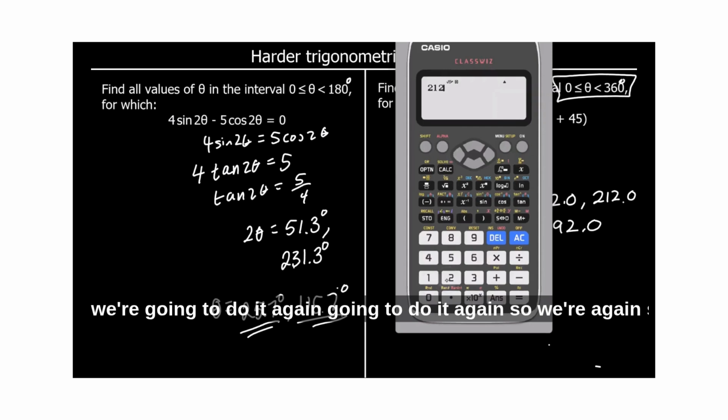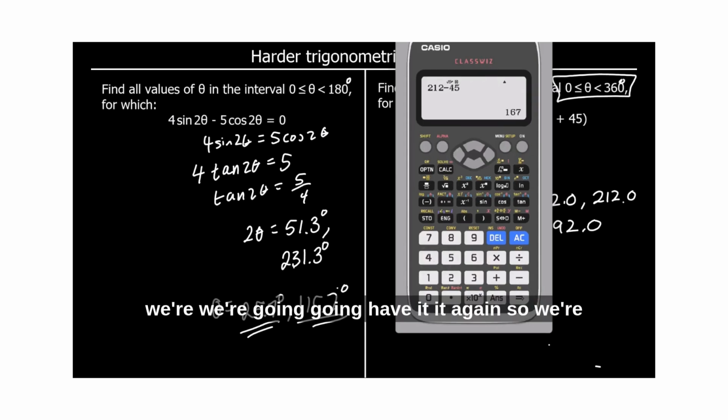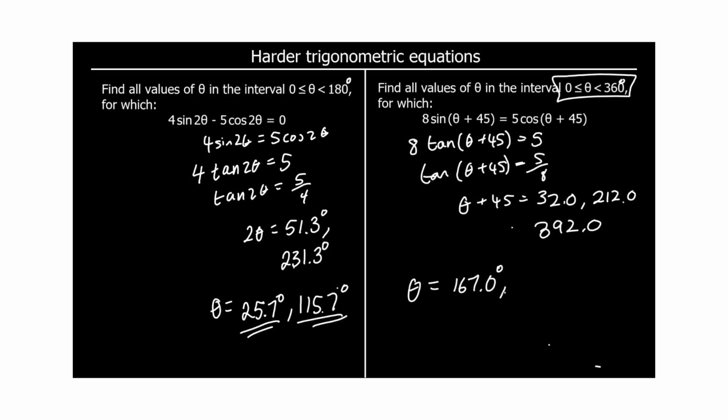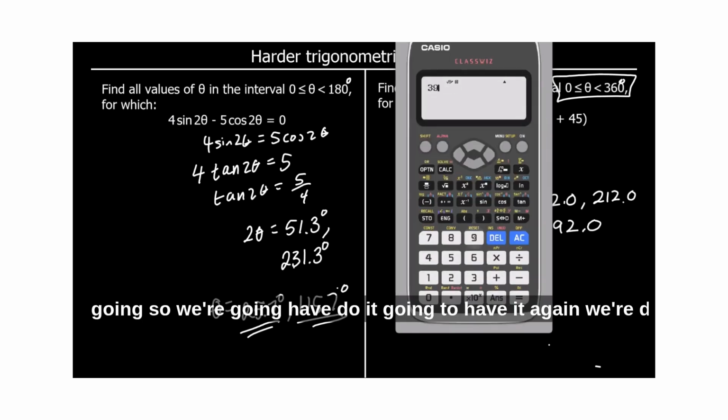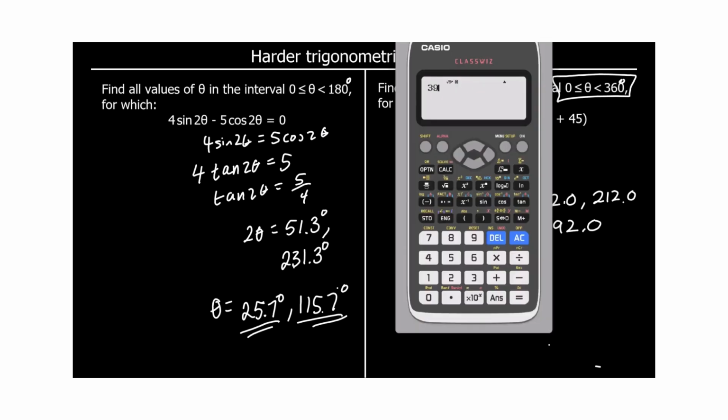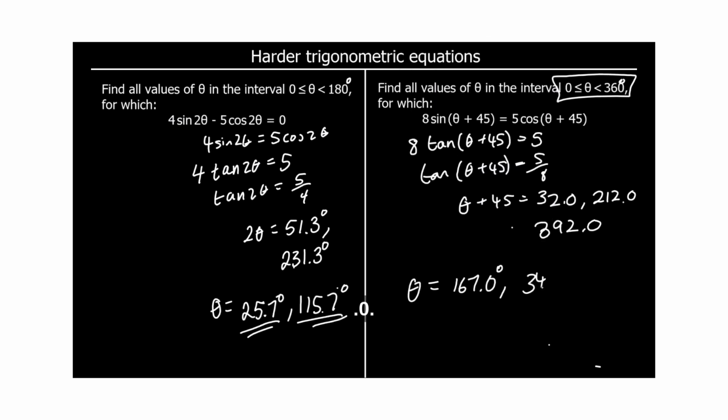So we want 212 minus 45, which is 167. And we want 392, take away 45, which is 347.0. So we have two answers there.